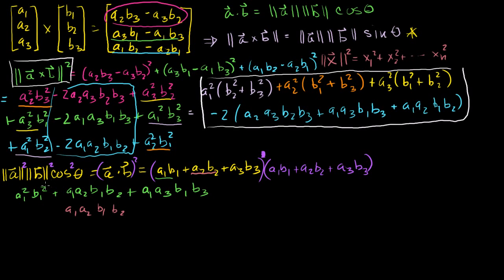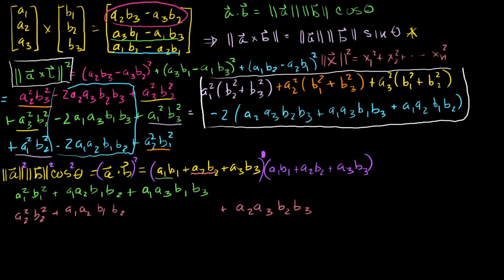So that's a2 squared b2 squared. Put a plus right there. And then finally, this middle guy times this third guy. Plus a2 a3 b2 b3.